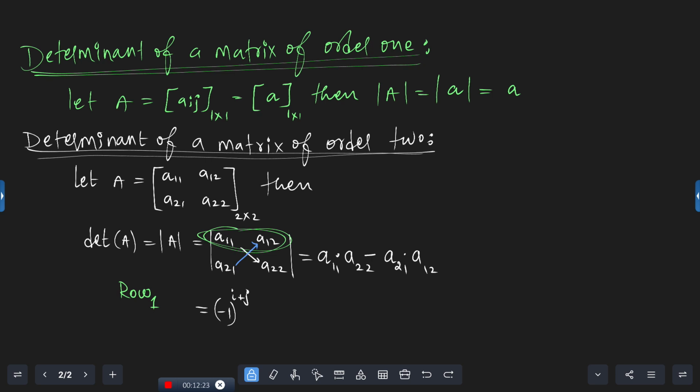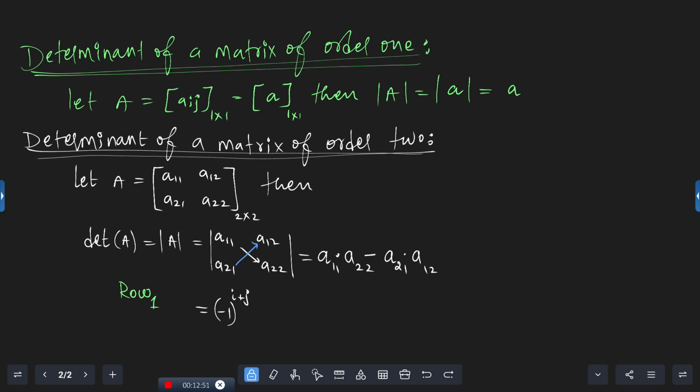You can use row 1, row 2, column 1 or column 2, any one of these. For 2 by 2, 2 rows plus 2 columns is 4, so you have 4 chances to take the determinant. For 3 by 3, 3 plus 3 is 6, so you have 6 chances. Understand? Any one you can use.